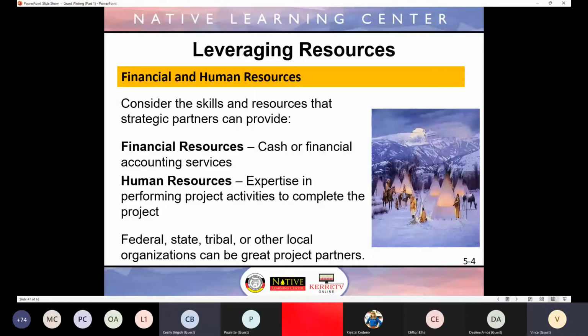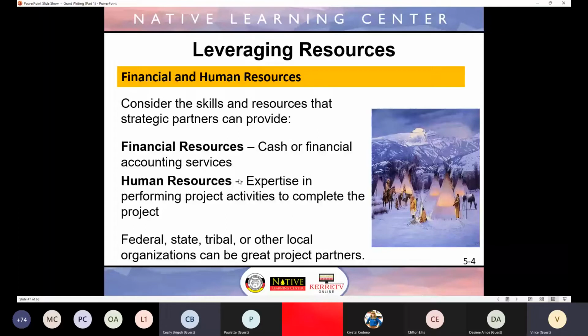They're establishing a presence perhaps in your organization, and they're providing services free of charge to tribal members or at a very deep discount, which can then be converted into a savings. You can convert all of those things, financial, human, and equipment resources, into leverage and incorporate them in your grant. I hope that makes sense.